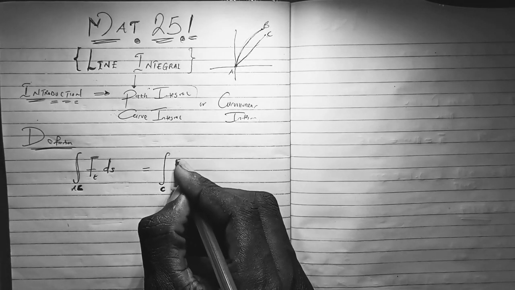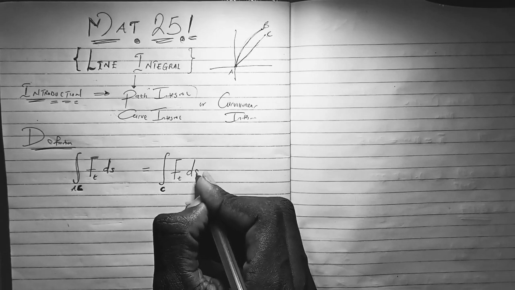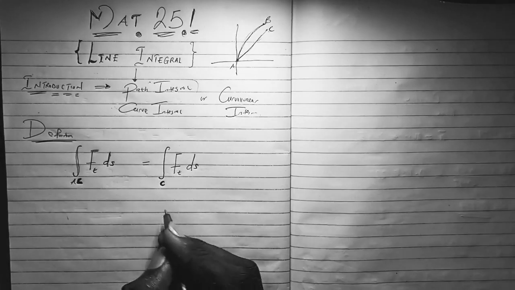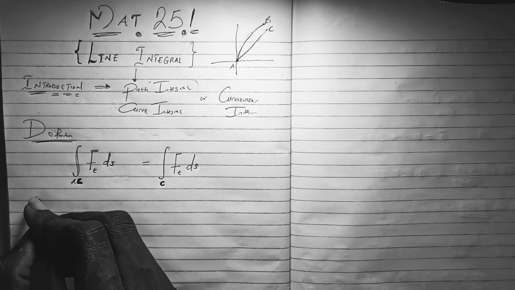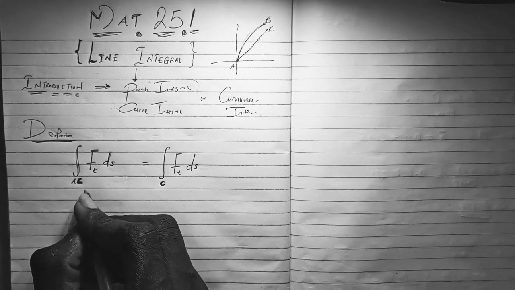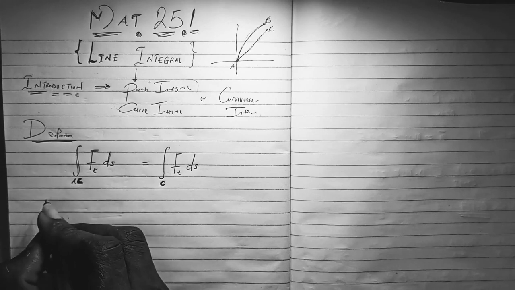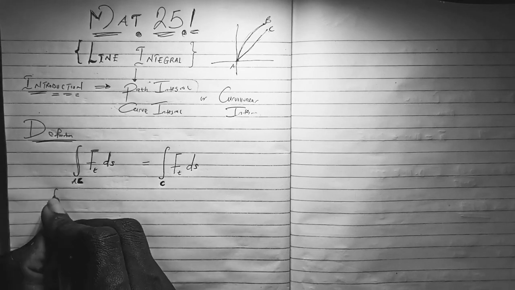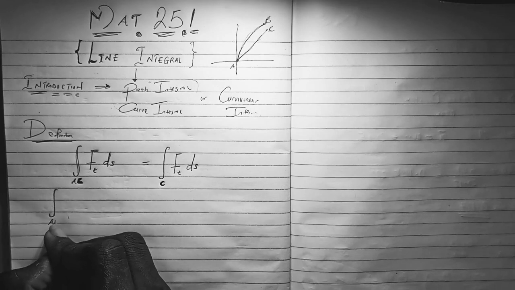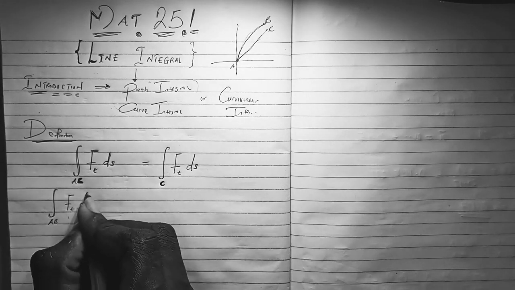Whereby we now have F T D S. Now let me quickly explain this. We can also write this formula in this format, as an integral along a path AB, which is given as FTDS.